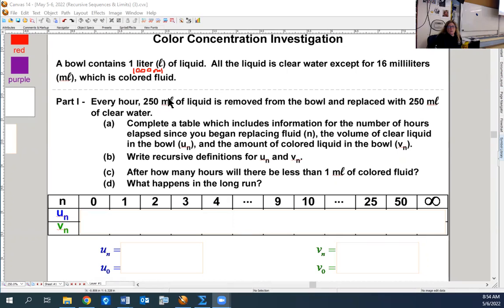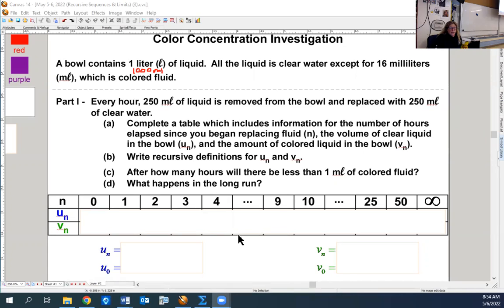Okay, so it's saying we want to complete this table. U sub n is going to be clear liquid. V sub n is going to be colored liquid. So we want to write down recursive definitions for U sub n and V sub n. Every hour we're taking out 250 milliliters of what's in the bowl and replacing it with 250 milliliters of clear water.